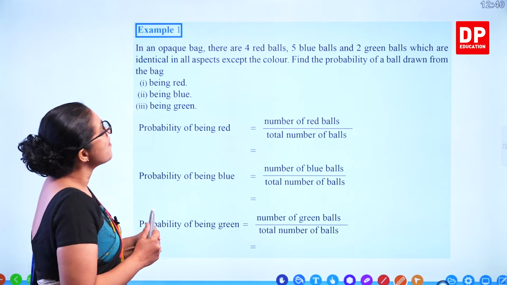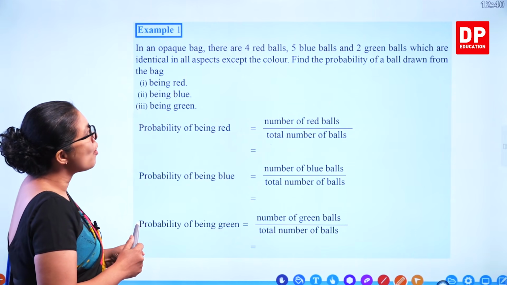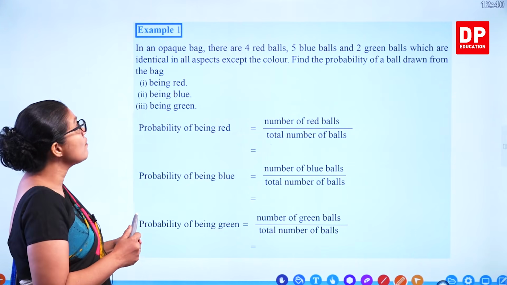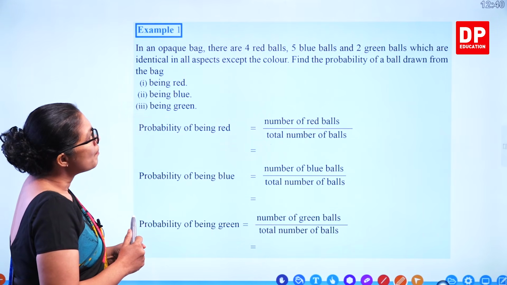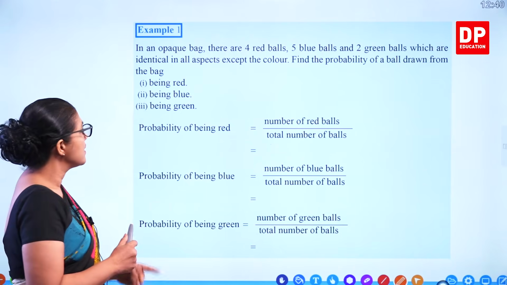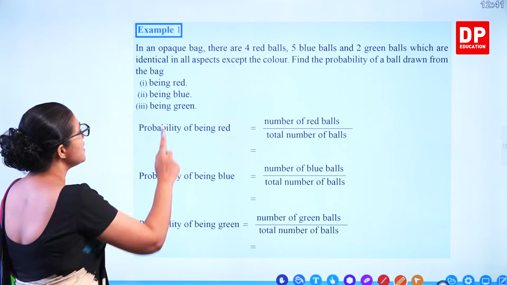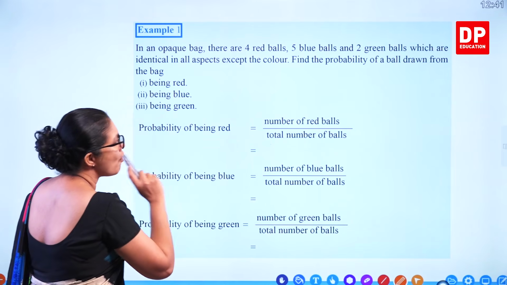Example number 1. In an opaque bag, there are 4 red balls, 5 blue balls and 2 green balls which are identical in all aspects except the color. Find the probability of a ball drawn from the bag being red. So what's the probability of getting red? Number of red balls over total number of balls.